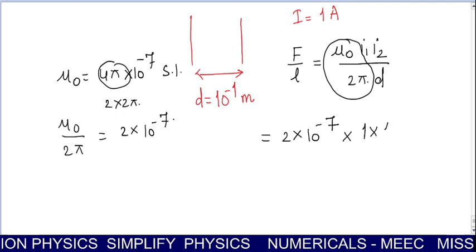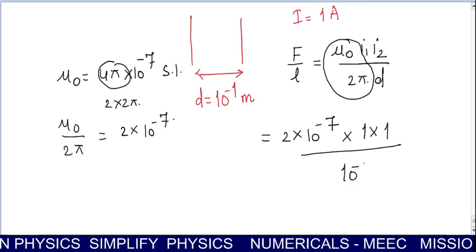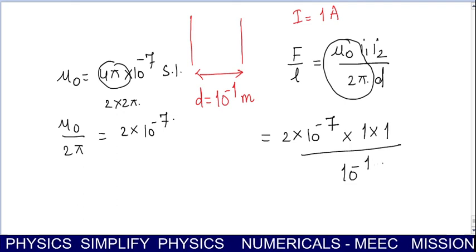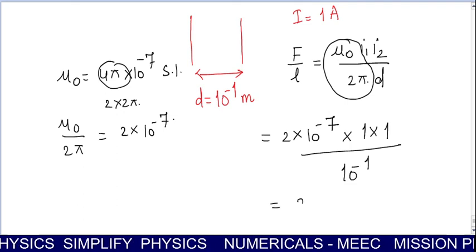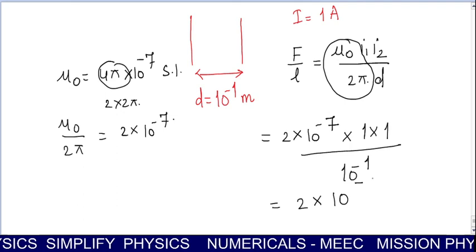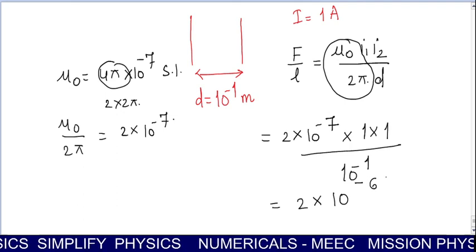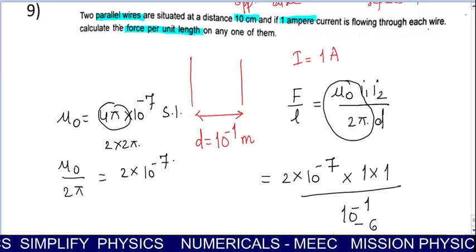Current of 1 ampere is flowing in each and the distance between them is 10 to the power minus 1 meter. So this will be 2 into 10 to the power minus 6. Let's check the current once. Is this 1 ampere? Yes.